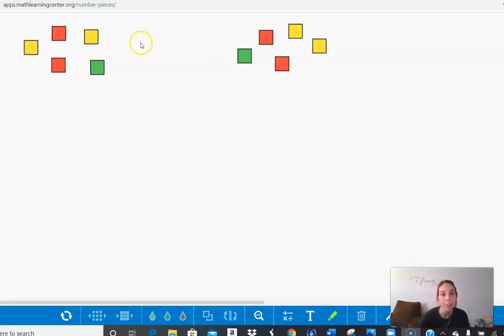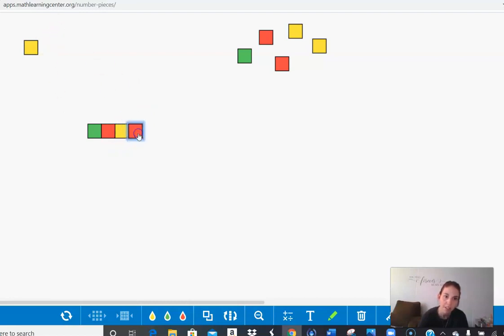Now, I want you to take one group and put them in a row. Take one group and put them into a row. Remember, rows are across. So you should have 5 in your first row.